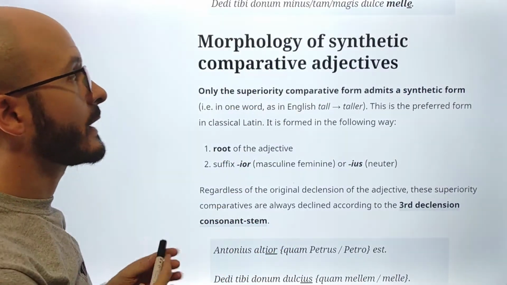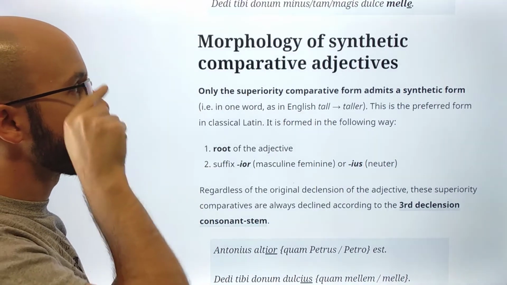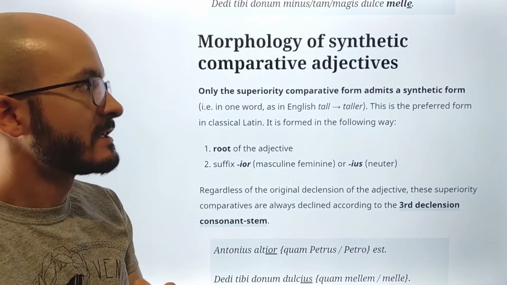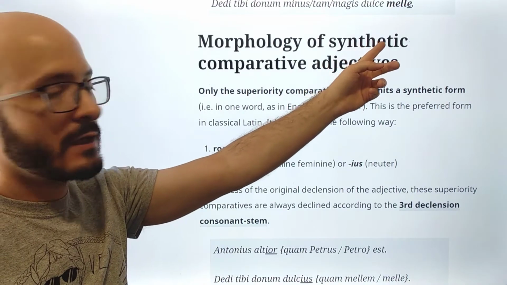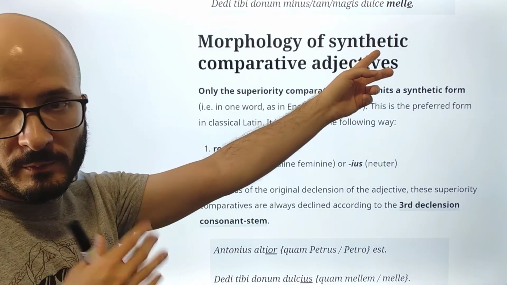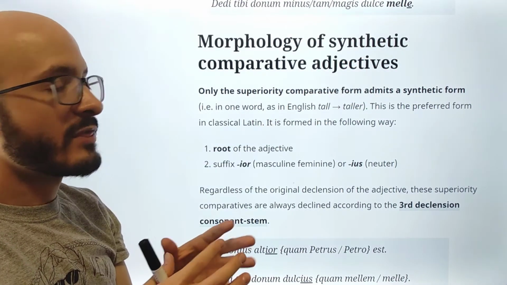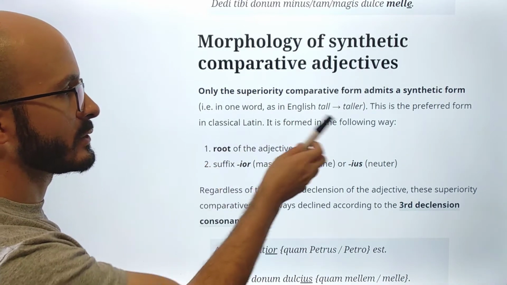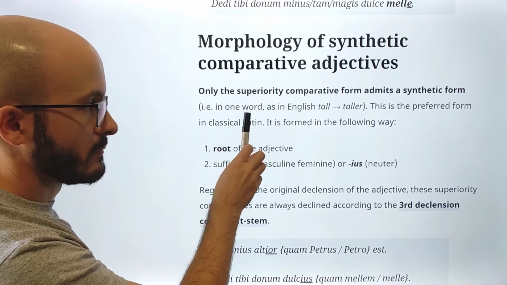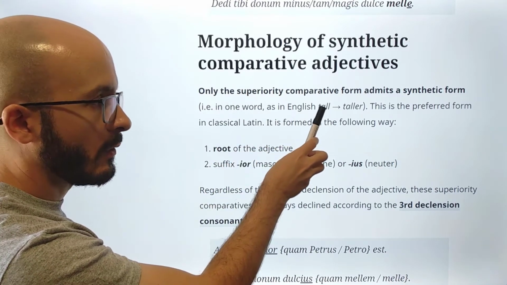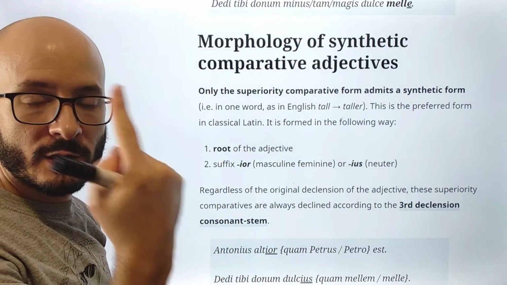Quite simple, okay? Now let's go with the morphology of synthetic comparative adjectives. So what is this about synthetic? This is a word which we already kind of know from previous lessons, okay? But synthetic is pretty much, as we are going to see, in one word. So for example, in English, tall, taller. Taller is one word.